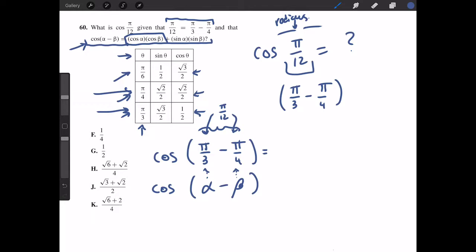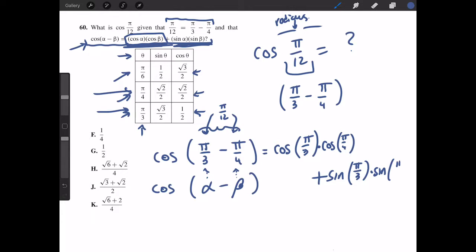So when I see cosine of alpha times cosine of beta, I should write cosine of alpha, pi/3, and then times cosine of beta, which is pi/4. I'm again using this part of the identity. Now plus sine of alpha times sine of beta. So that would be sine of, again, alpha is pi/3, so pi/3 times sine of beta, which is pi/4. There you go.